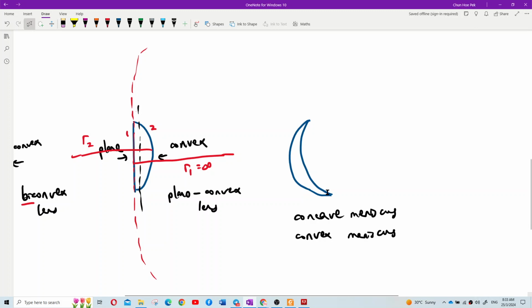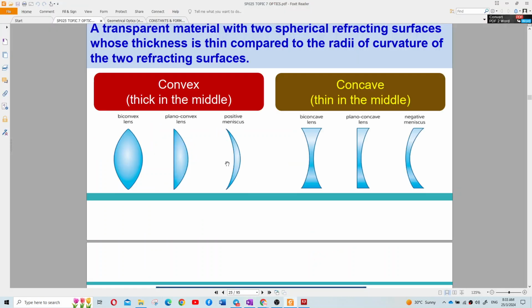Convex meniscus, because why is it called convex? Because it's thicker at the center. See this one? It's thicker at the center. So you can call it positive meniscus or convex meniscus. It can have either name. This one is concave meniscus because it's thinner at the middle.